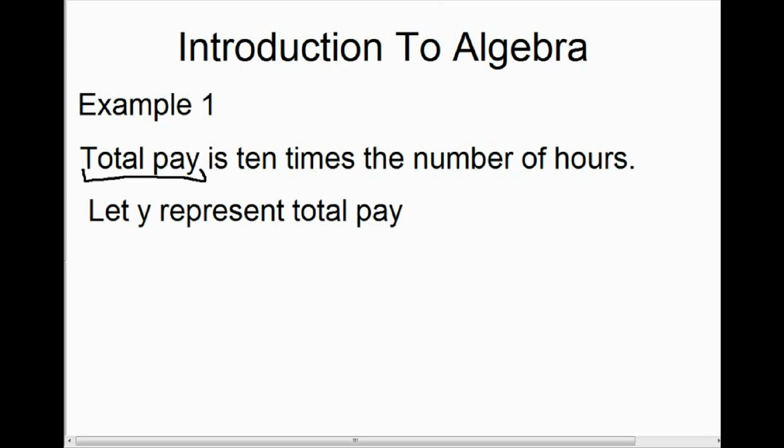So if we worked 1 hour, our total pay is $1. If we worked 3 hours, our total pay is $3. That's not the case here. So we have to use a different variable to represent the number of hours. And that's our other piece of variable information here, the other piece of information that changes.